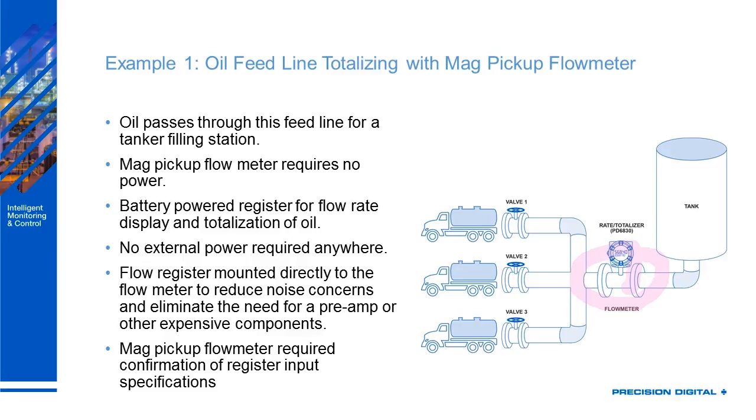The register, the totalizer in this case, which is connected directly to the flow meter, is able to handle the low voltage peak-to-peak sine wave signals coming out of my flow meter. And because it's not trying to retransmit a 4 to 20, I can get a long life battery powered flow rate totalizer.